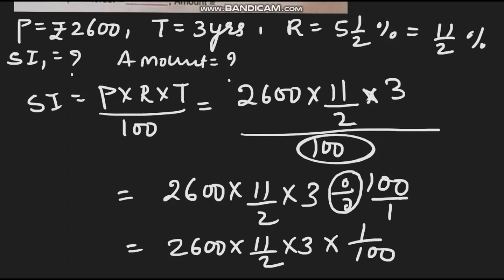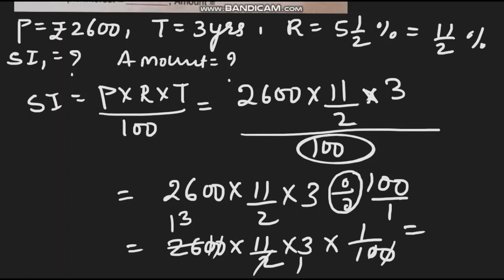Now see, the two zeros in 100 will get cancelled with the two zeros in 2600, which is written in the numerator. Now see, 2 ones are 2 and 2 13s are 26. Now we are left with 13 into 11 into 3.